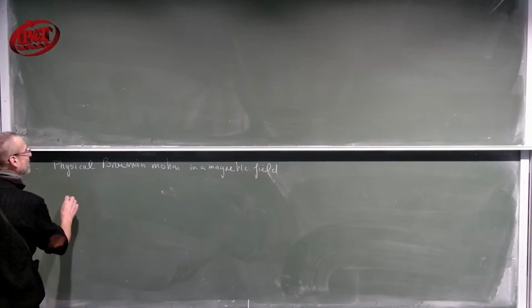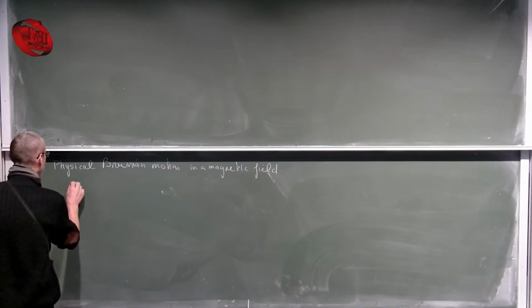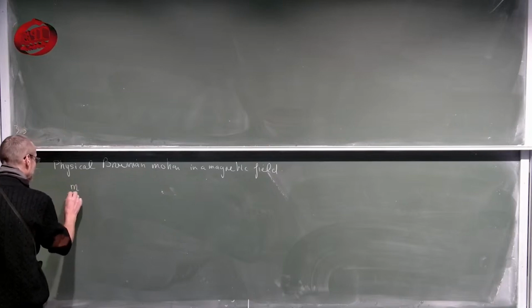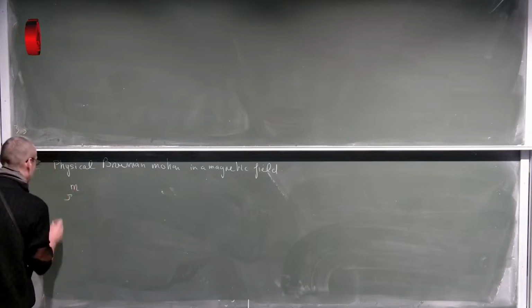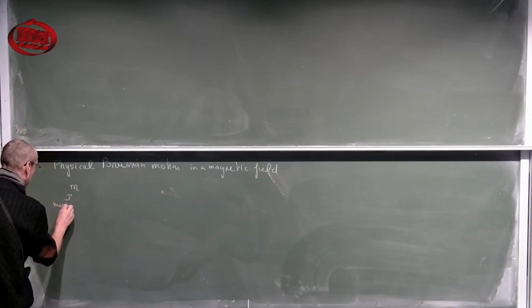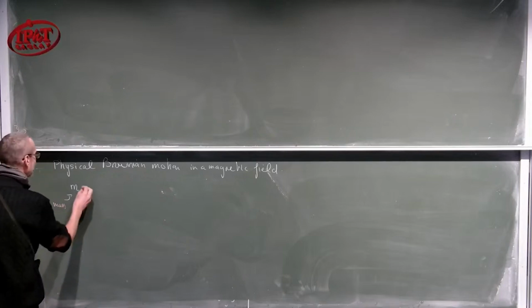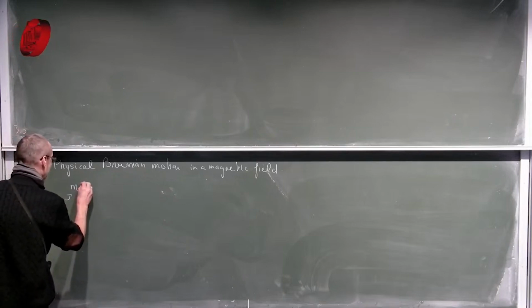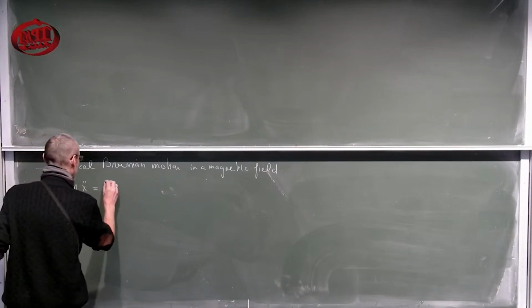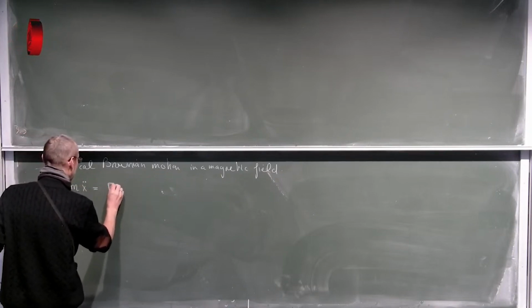one of the ways to describe physical Brownian motion, if you remember, or if you don't know, I remind you, you imagine you have a particle of mass m. This is the mass of a particle. You write down a second derivative, and you say that you have some friction, so you have a certain, let's call it gamma.